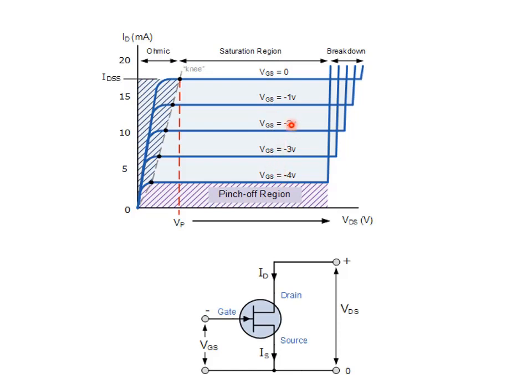Okay, but here VGS is the controlling voltage. And as you can see, when VGS is 0, we have the maximum current, while VGS equal -4, we have the pinch-off region. So usually this will be almost 0 current.